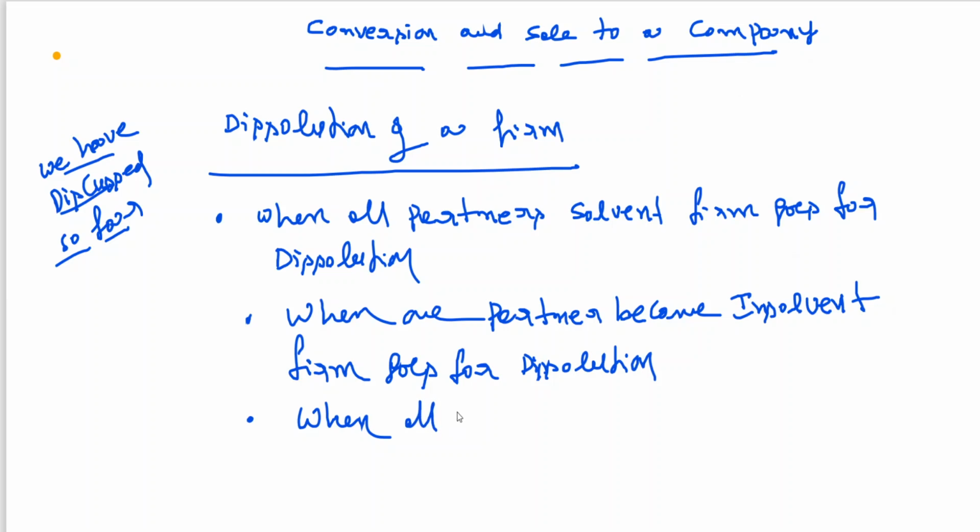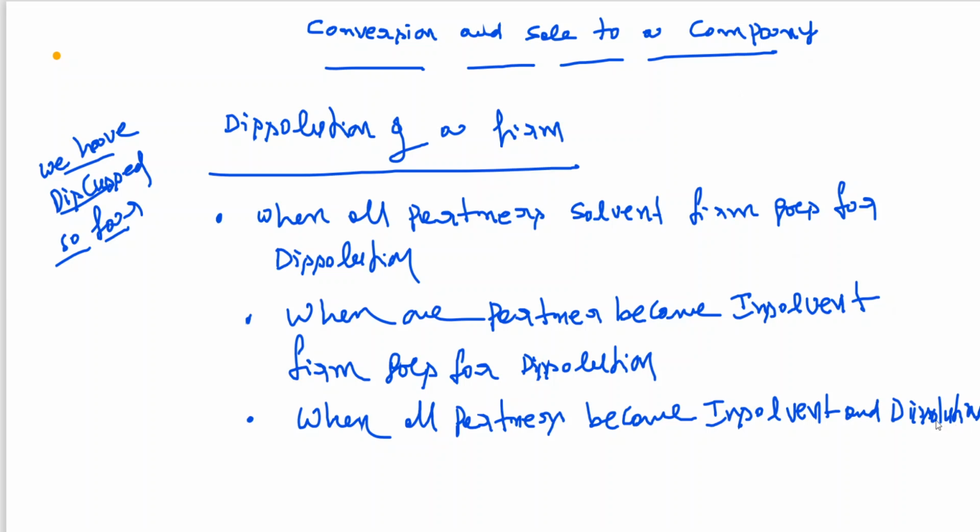When all partners became insolvent, and dissolution. These three areas we have worked out problems. Clear to all of you? The three points we have covered. That means the first part, dissolution of firm, has been completed.